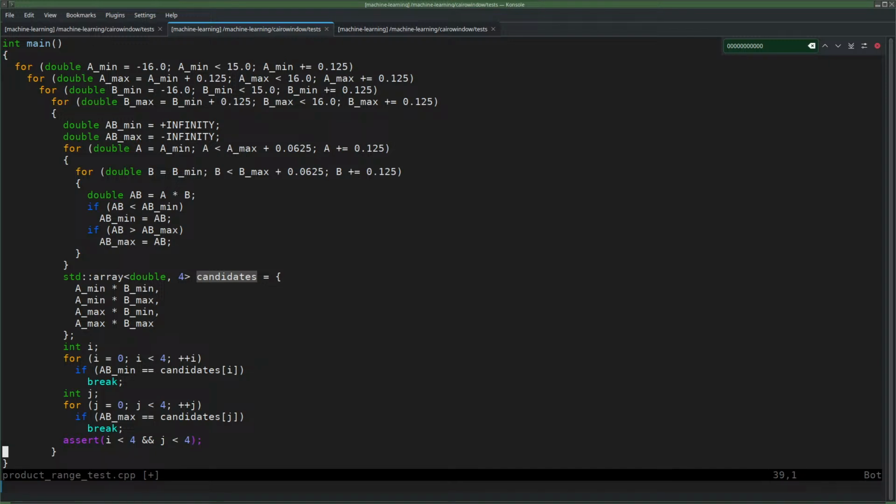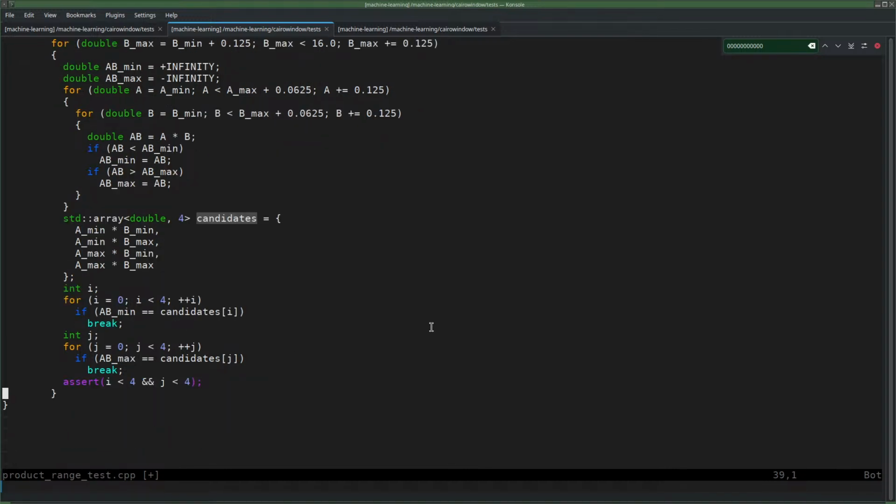In other words, both AB min and AB max will be one of these four. But we'll begin with that.